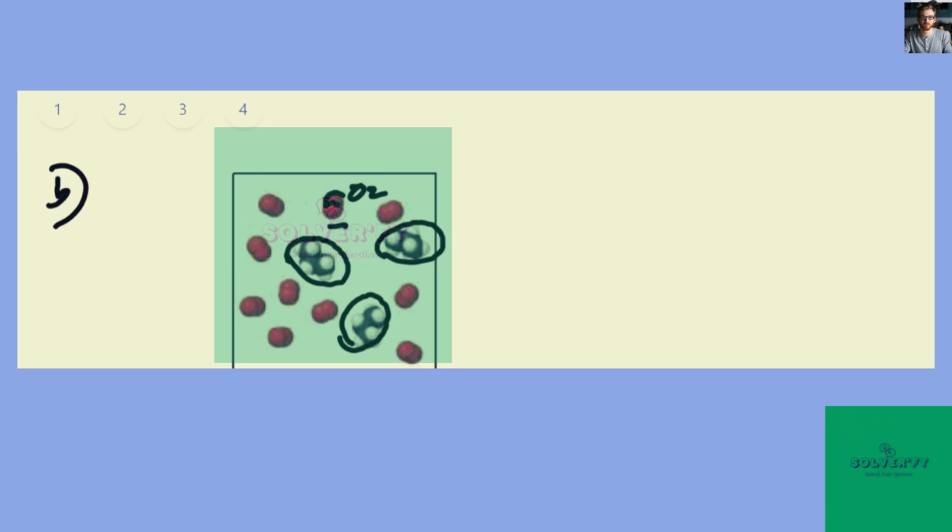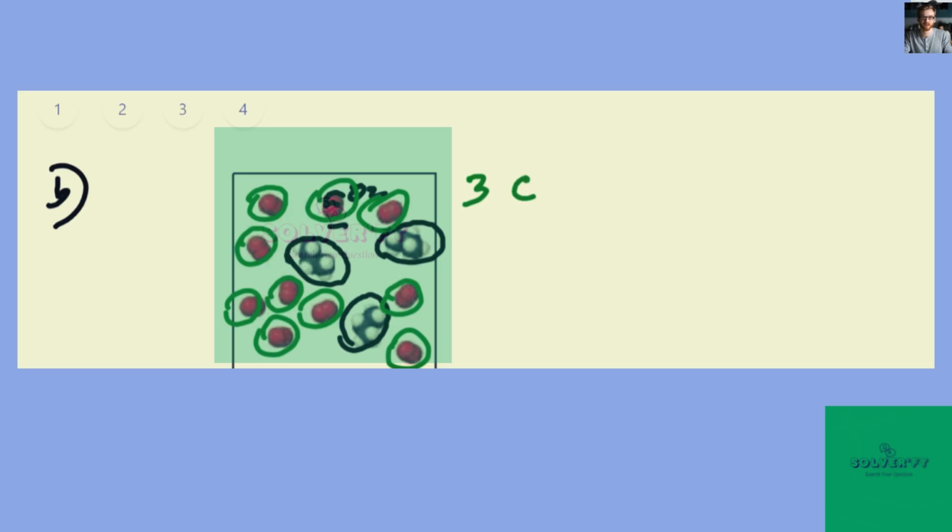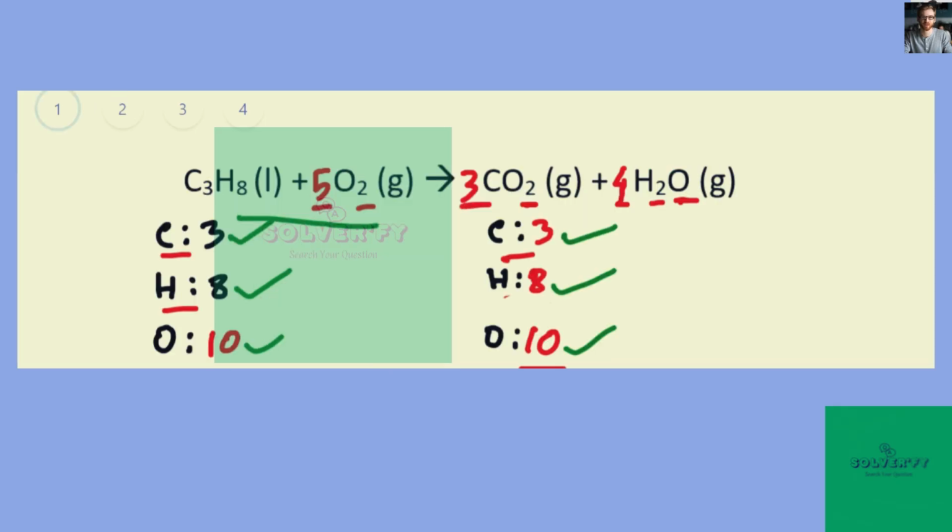So from here we can see we have 3 propane, and we have 1, 2, 3, 4, 5, 6, 7, 8, 9, 10 oxygen. So we have 3 propane and 10 oxygen. From the balanced equation, we can see 1 propane will react with 5 oxygen.